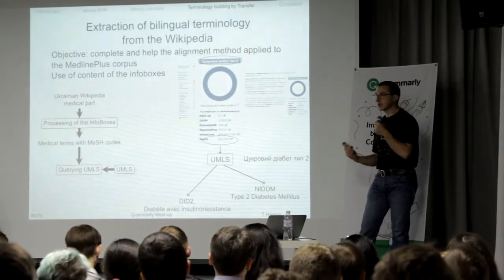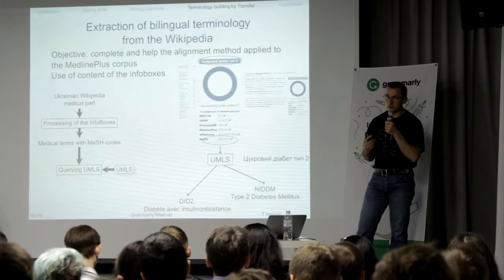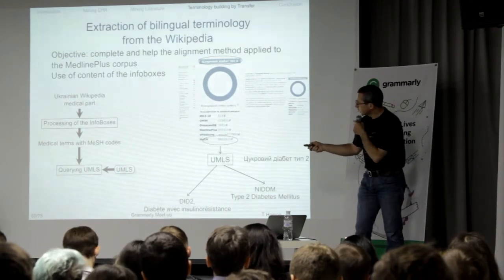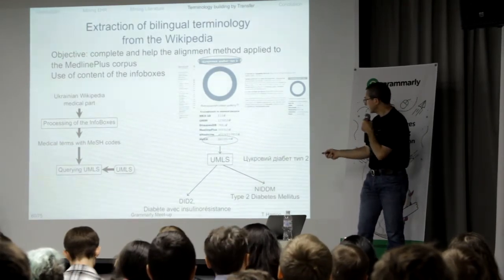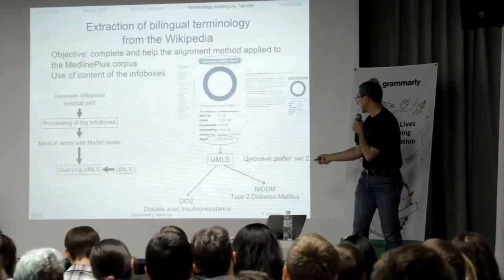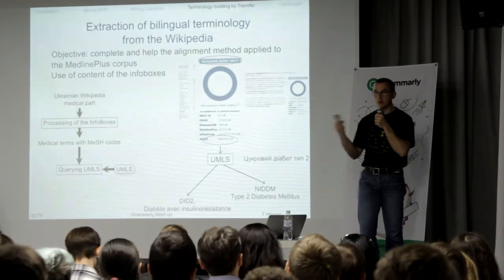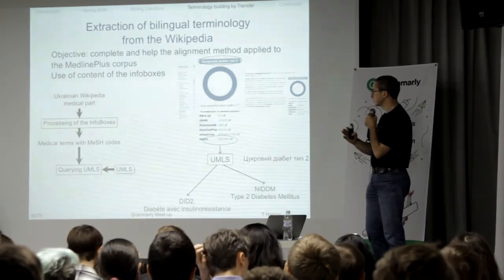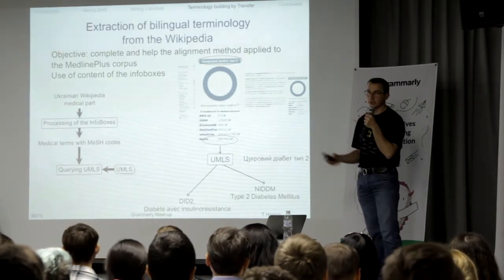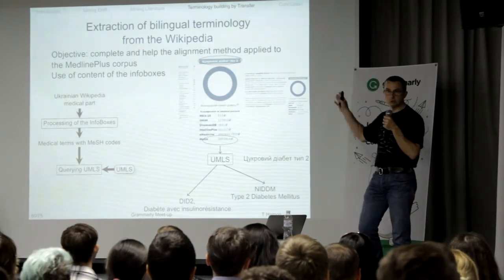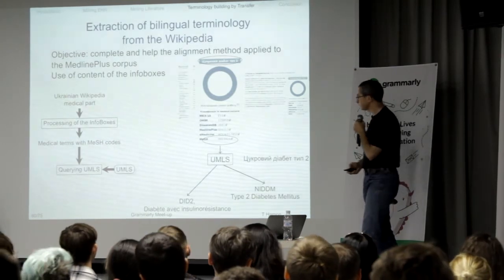All terms in UMLS have a code and are interrelated. So if we have the MeSH code for Ukrainian, we easily have the term in English and also the term in French. So in that case, we easily have a relation between Ukrainian terms and French or English terms. There is no natural language processing at this step, but this information will be used for the alignment.